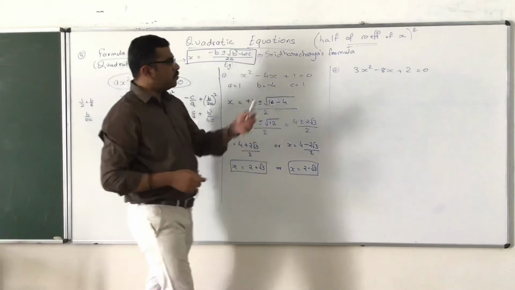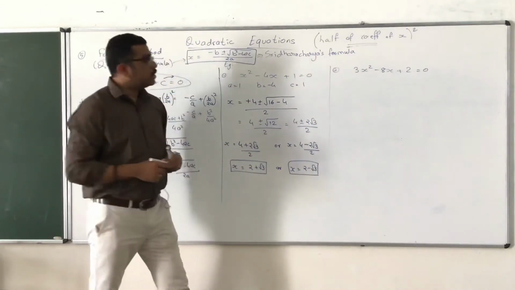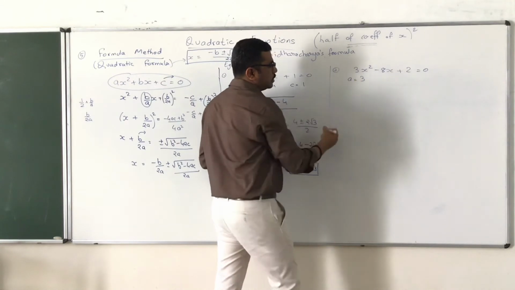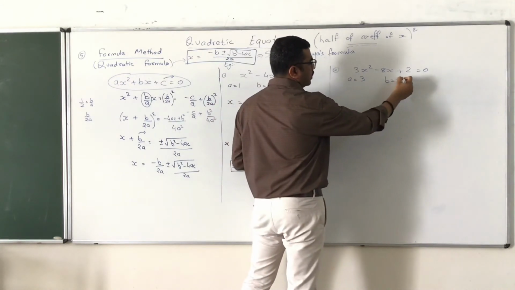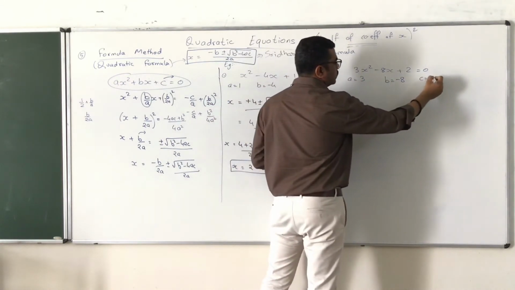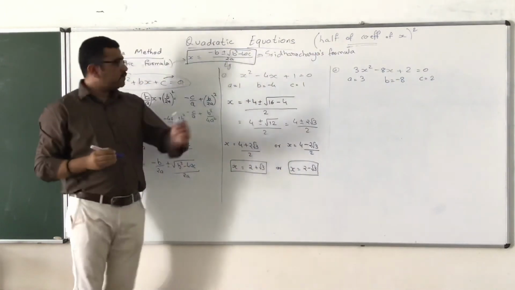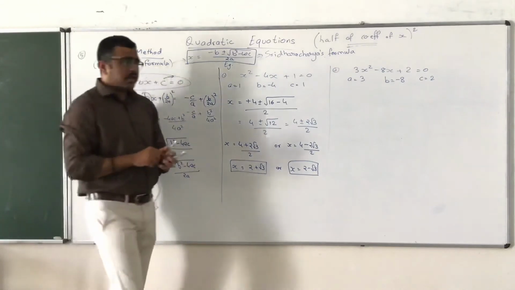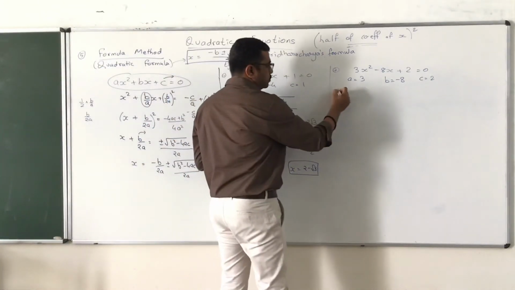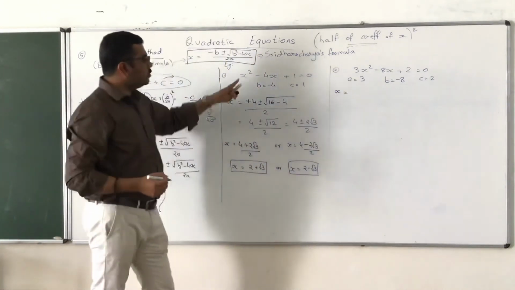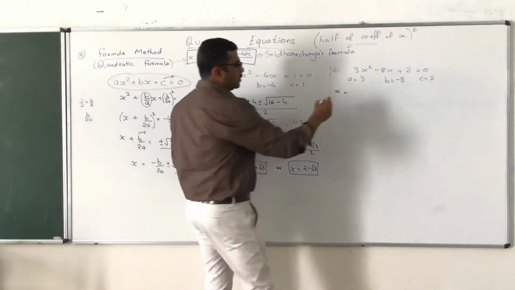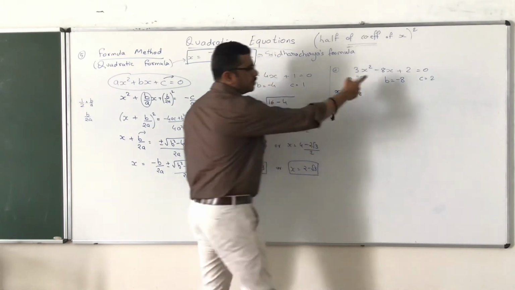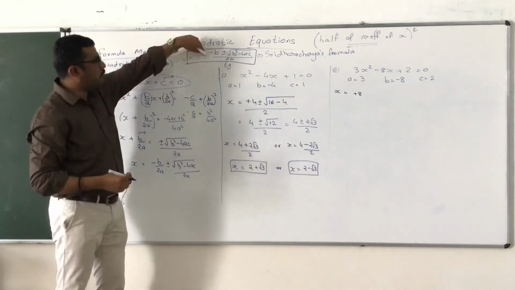We take one more example. Here the value of a is 3, b is -8 and c is 2. Again, if we substitute the values in the formula, we get x equals -b, so that is +8, because the b value is -8 and we have to substitute -b.